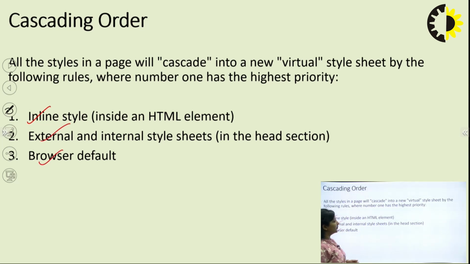Number 1 has the highest priority, which means the highest priority is given to the inline style. In a program with inline, internal and external styles, the highest priority goes to the inline style, after that the priority goes to the internal, and the final priority goes to the external style sheet.